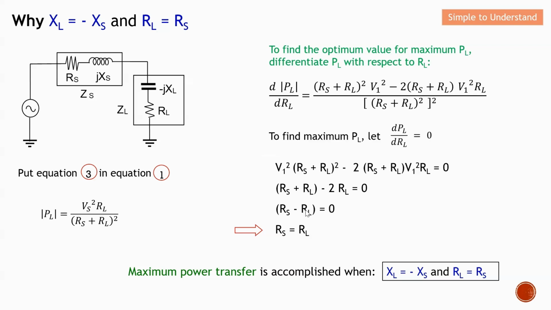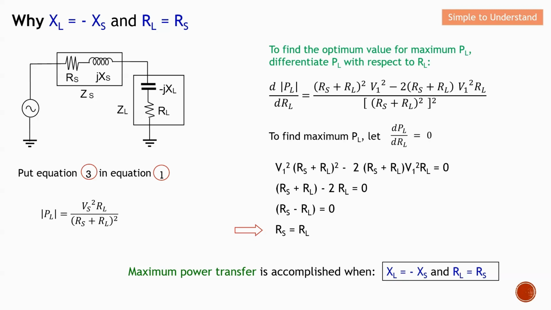So therefore, I just shift so-called my RS to RL, one of them, either one, to the right. So basically, this is actually the second condition, which means that the resistor of the source must be equal to the resistor at the load. Then I will be able to achieve maximum power transfer. So basically, this is what I mean.